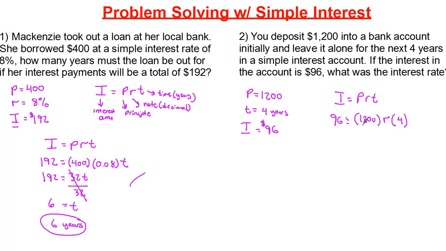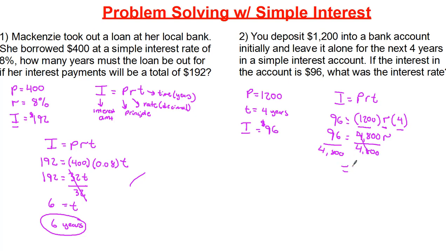So there's no problem in me multiplying 1,200 by 4 if there's an R in the middle. That's perfectly fine. So 96 comes down, 96 is just 96. 1,200 times 4 is going to be equal to 4,800, but don't forget R. R is still here. 4,800 R. So I'm going to divide this by 4,800 and divide this by 4,800.